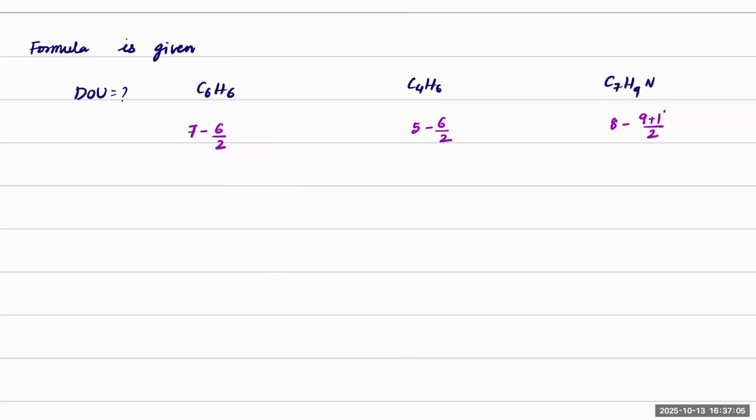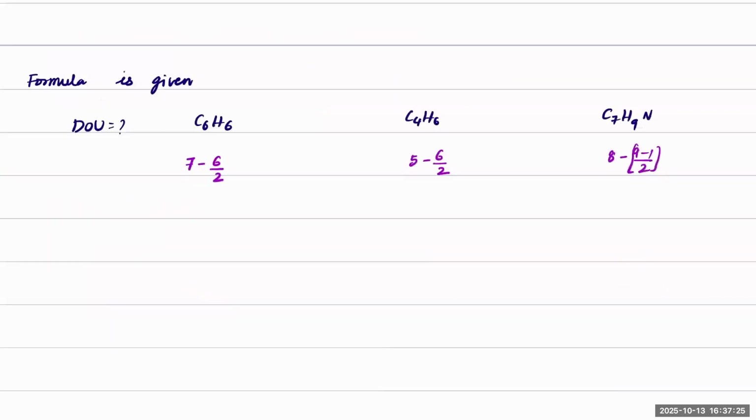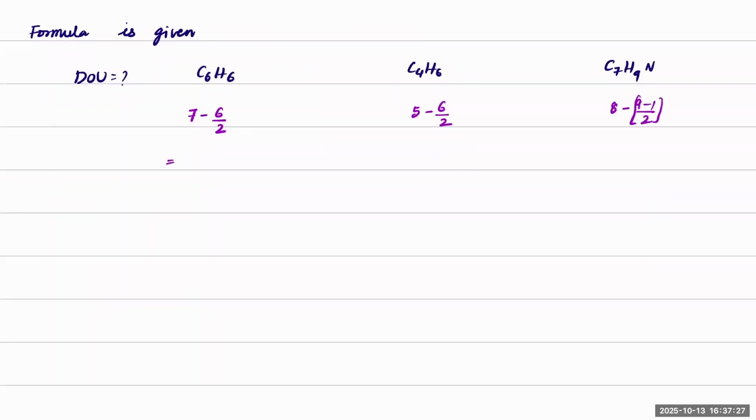So it is like this, minus 9 and plus 1, sorry, minus 1 by 2, because in a bracket when it is minus, that will automatically become plus. All right, so you can see how much we are getting here. So 7 minus 3, 4, 5 minus 3, 2.